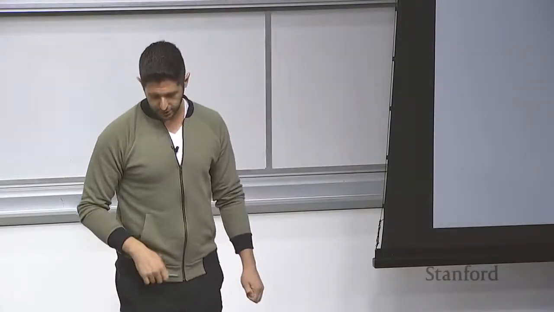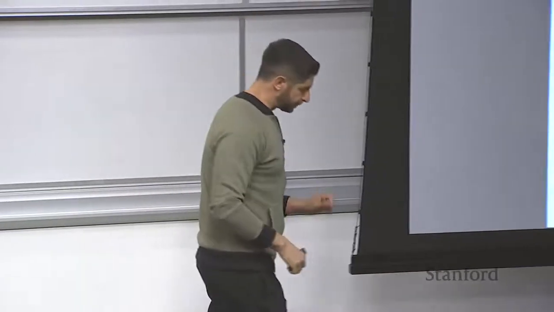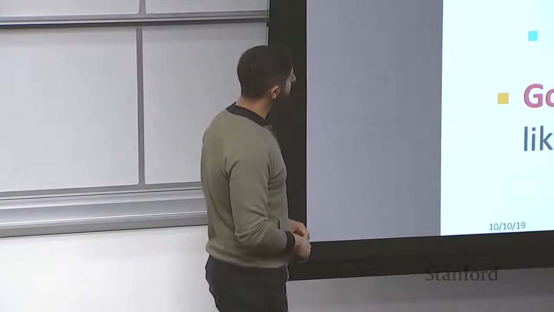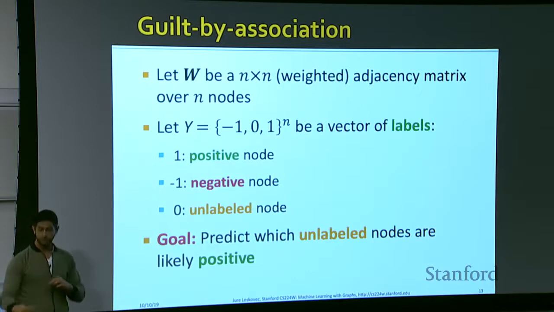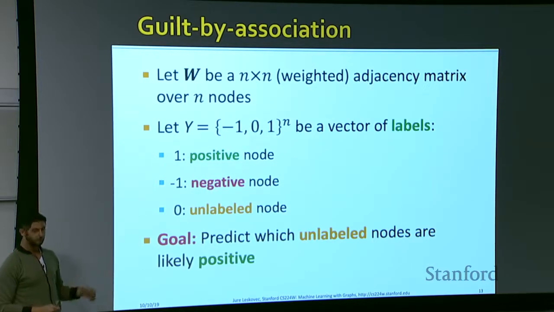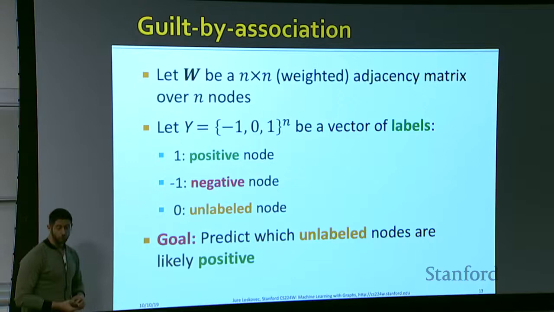All right, so now let's try to formalize the problem a bit more. We have our W matrix, n by n, which is an adjacency matrix. It can also be weighted. So we can have a simple adjacency matrix with 1s and 0s that signals only the connectivity between the nodes, or we can have it weighted, for example with how strong the tie between two nodes is.